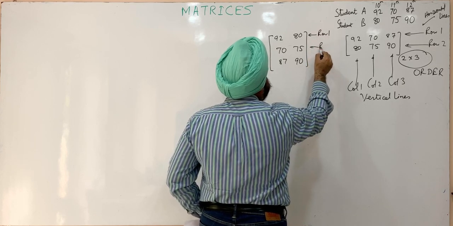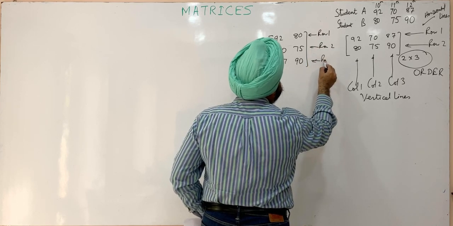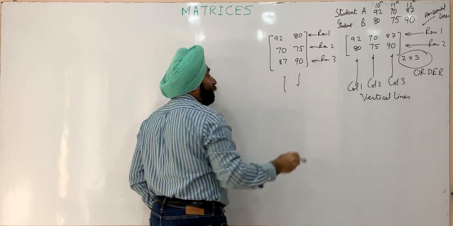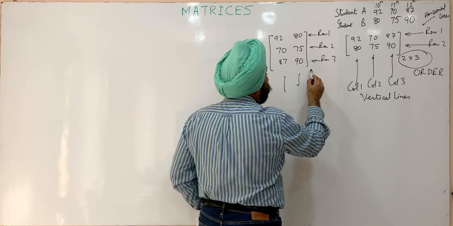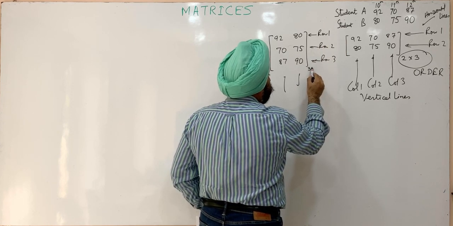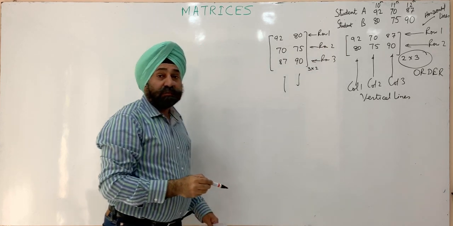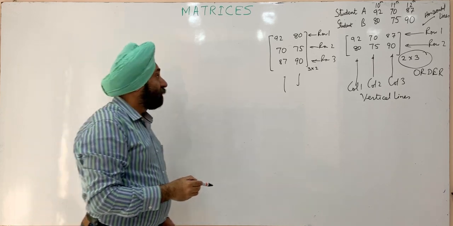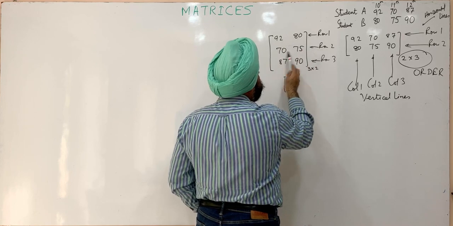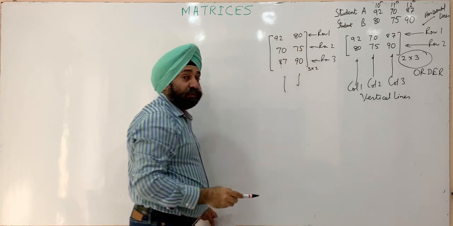Row 1, this is row 2, and this is row 3. Similarly, we have two columns. That is, we have represented the same information now in a 3 by 2 order matrix. 3 rows and 2 columns. Horizontal lines, I repeat, are rows. The vertical lines are columns.